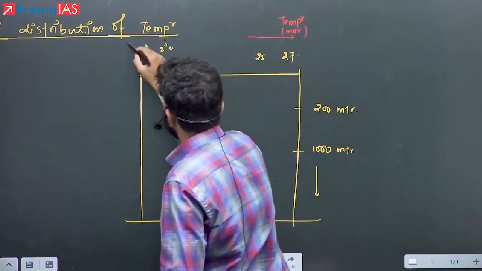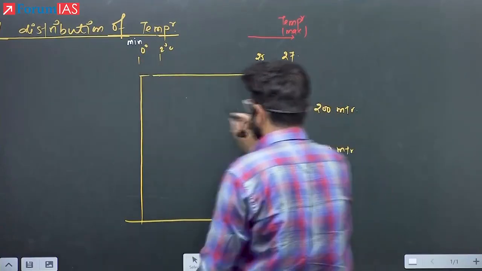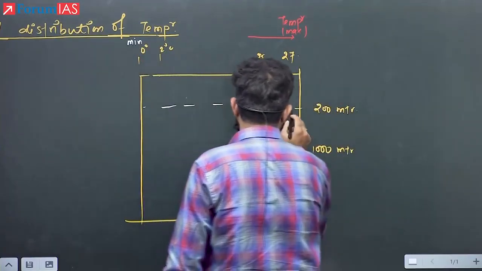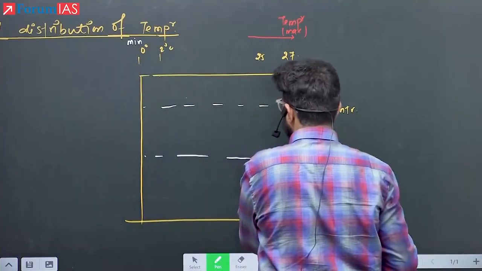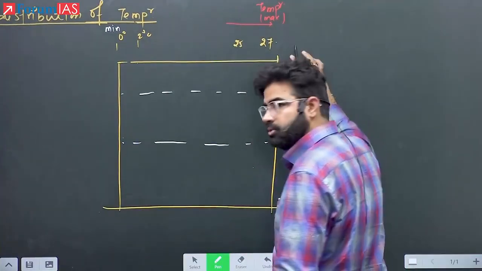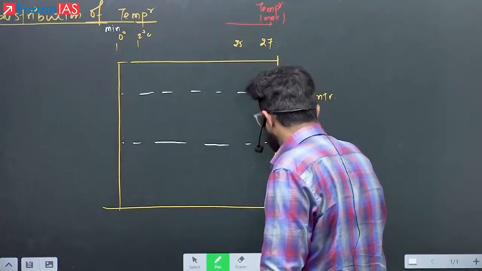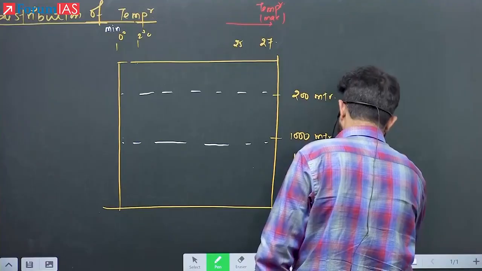And the minimum temperature is here. So we have divided this ocean into three areas. One is the top 200 meter. The second is 200 to 1000 and beyond 1000, right? This is beyond 1000.